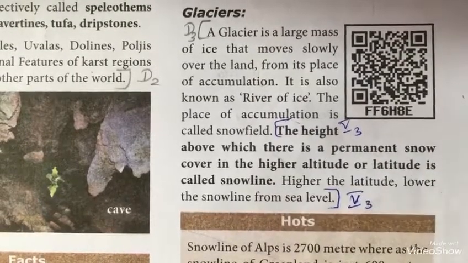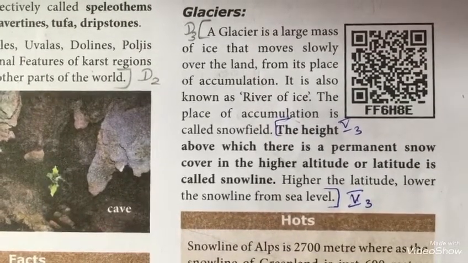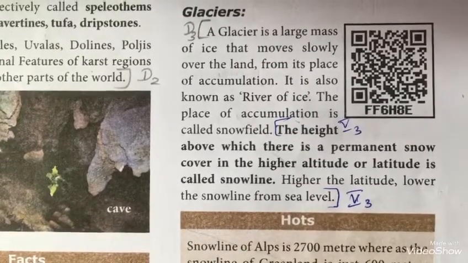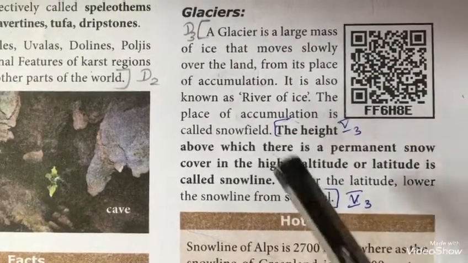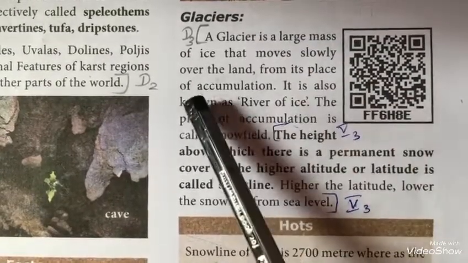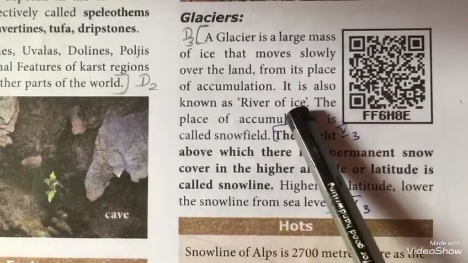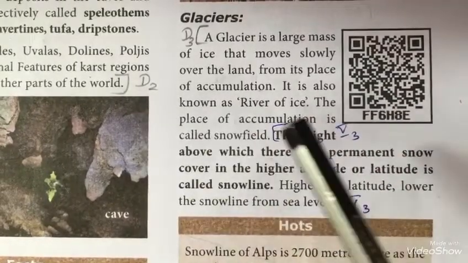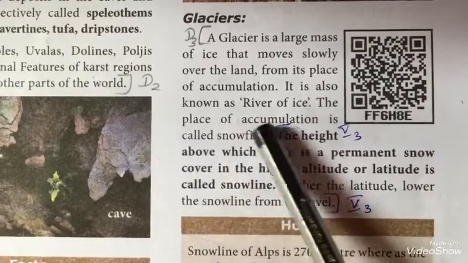A large mass of ice or something gathered together in a place is known as accumulation. The glacier moves slowly from the place of accumulation, so it looks like a river of ice.